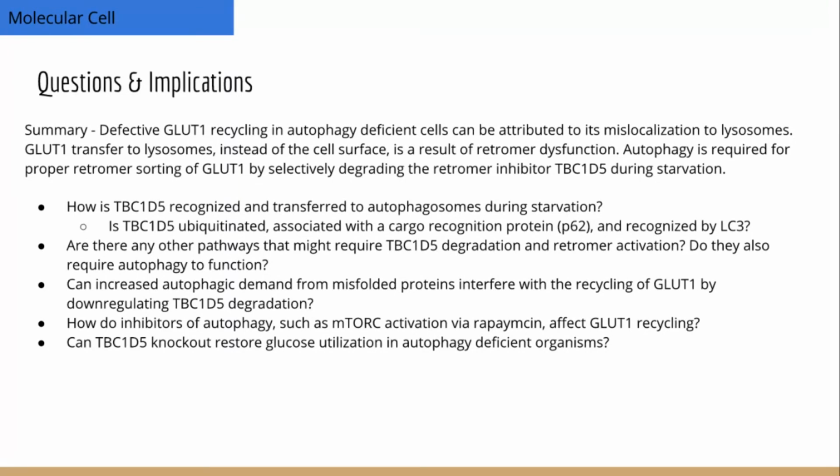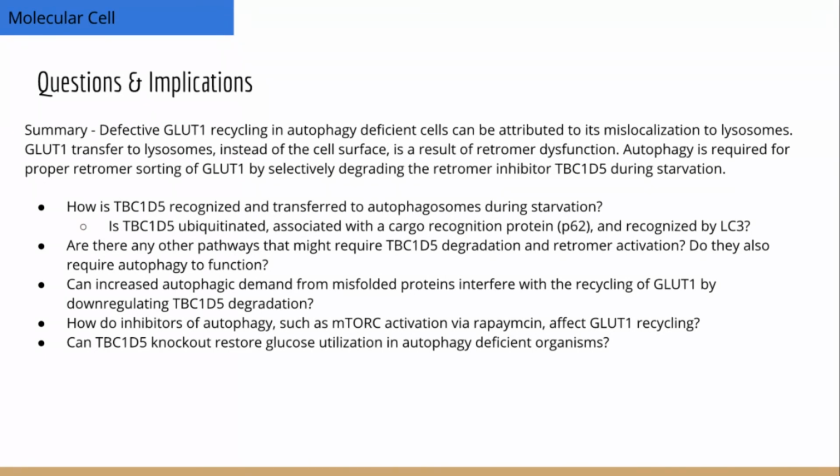Another question is, are there any other pathways that might require TBC1D5 degradation and retromer activity in order to function? And do they also require autophagy in order to function? So we mentioned that the recycling of GLUT1 is specific to GLUT1, and doesn't apply to transferrin. But are there any other pathways that also rely on TBC1D5 degradation and would also be compromised by defective autophagy?